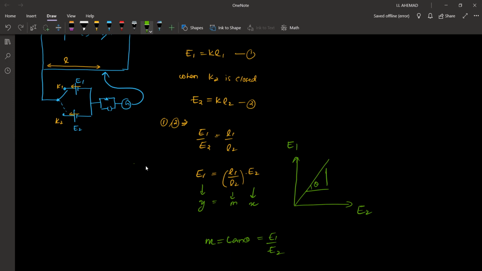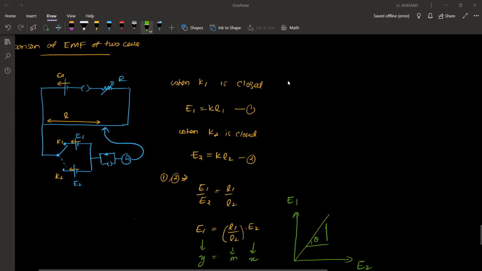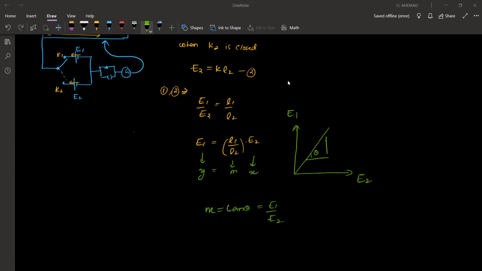Now, here there's a problem. The problem is to plot E1 versus E2, you must get... sorry, here a small mistake.